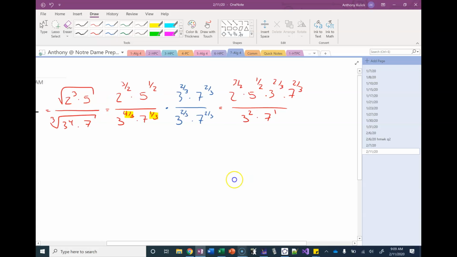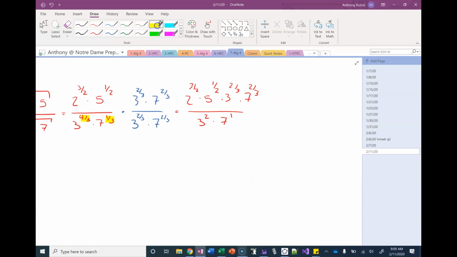Okay. I still have a couple more things I need to worry about here. Next thing I'm going to do is look for improper fractions. And notice I have one of those, the 2 to the 3 over 2. So I'm going to rewrite that improper fraction as a mixed number. What is the mixed number for 3 over 2? 1 and 1/2, right? Is that okay?